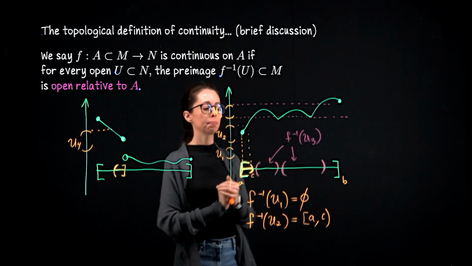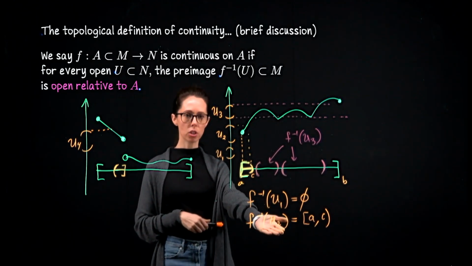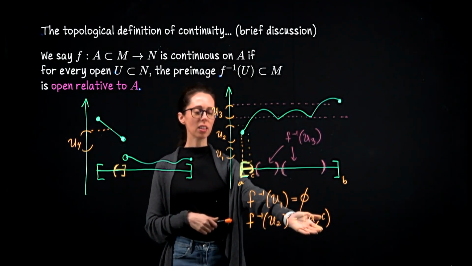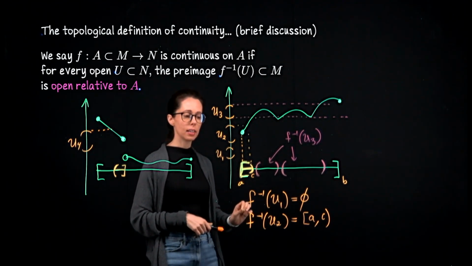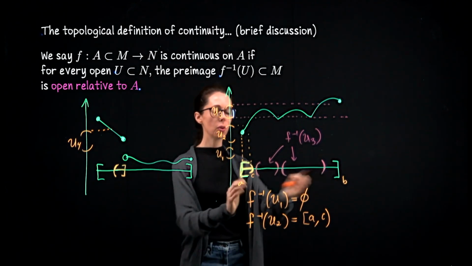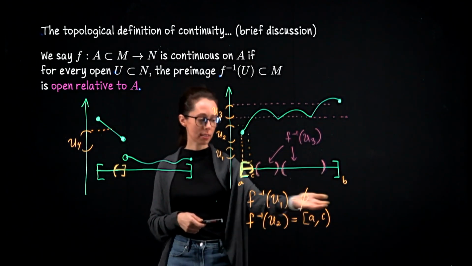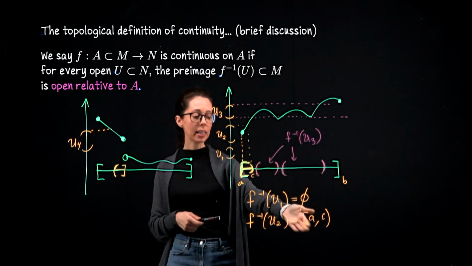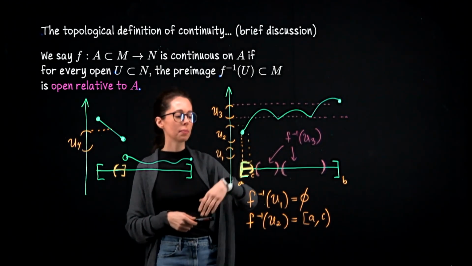You might hesitate for a moment looking at the preimage of U2 because it doesn't look like a traditionally open set. But if you do not acknowledge anything to the left of A, so that this is the full metric space, then A is an interior point of this preimage. Any neighborhood around A would only go to the right because there is no such thing as going to the left.